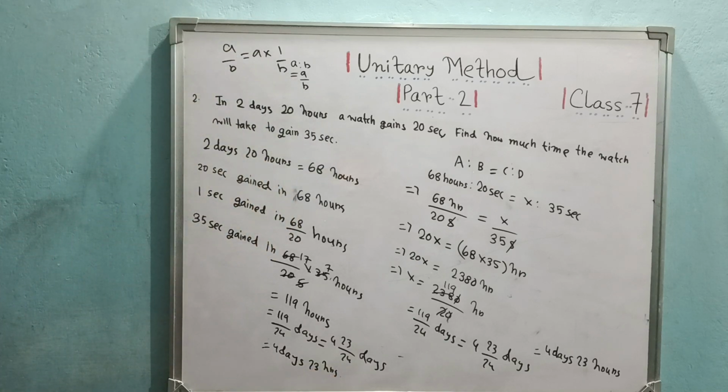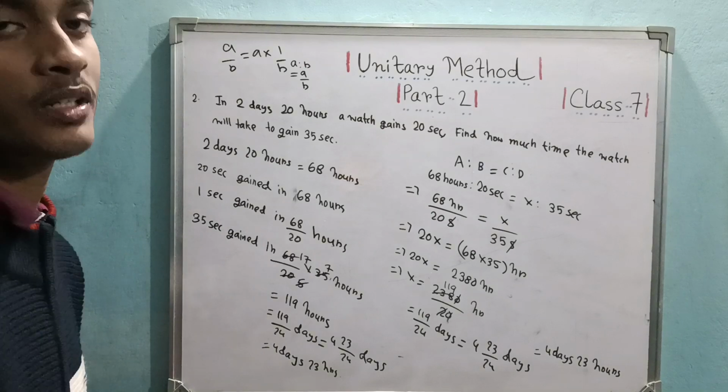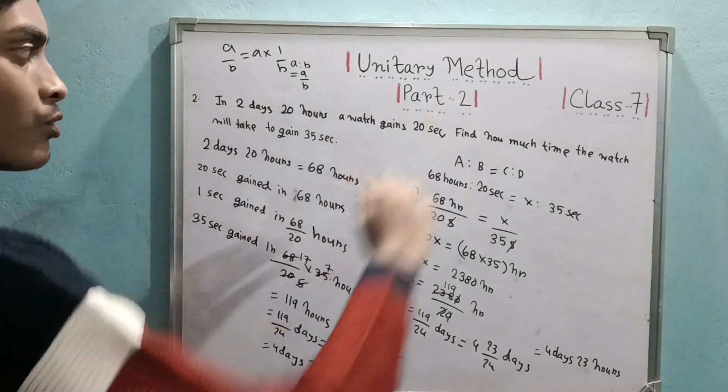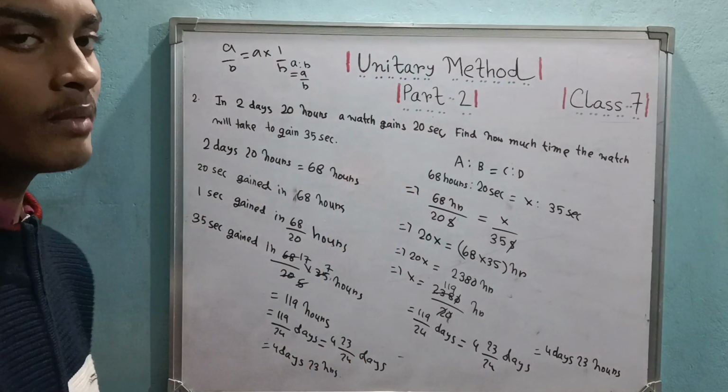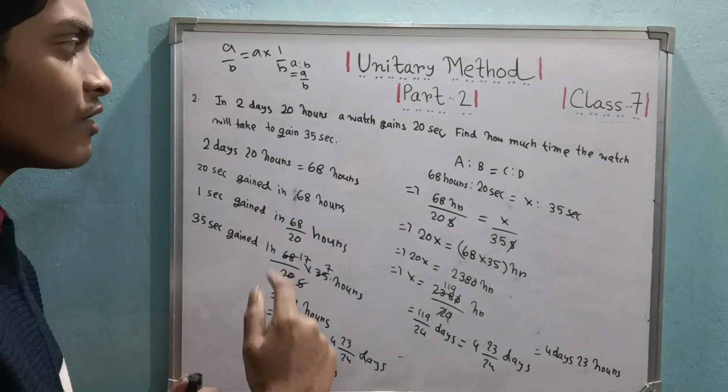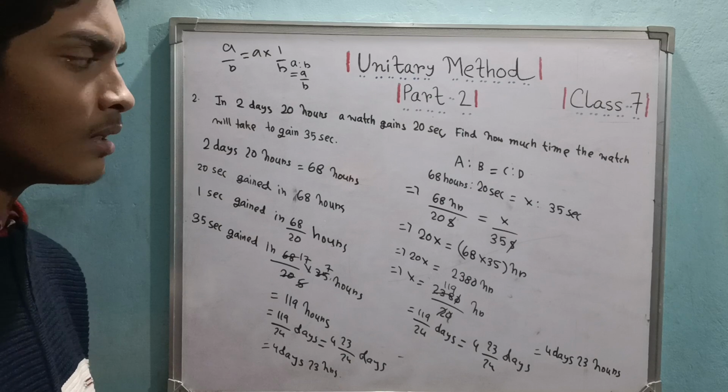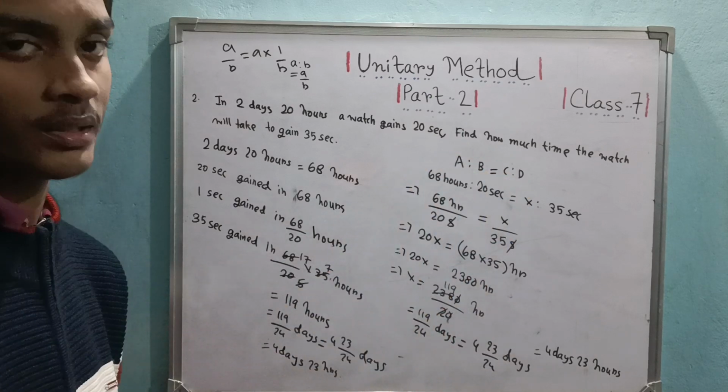Easy. So see again for this sum. First of all, it's obvious that when you have more time period, our watch gains more time. So increase is to increase: time period increases, watch gain time increases. Direct proportionality, so we can use the proportion method.